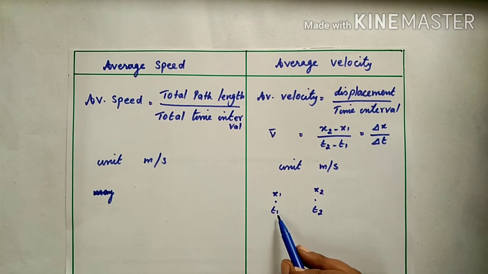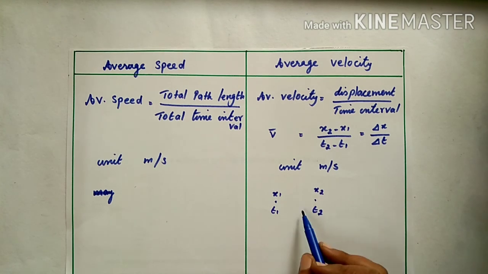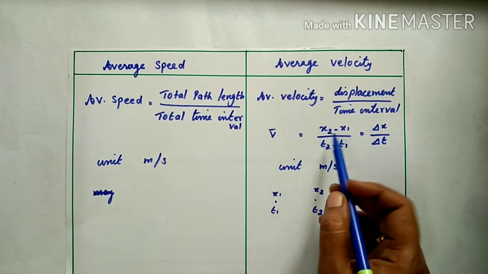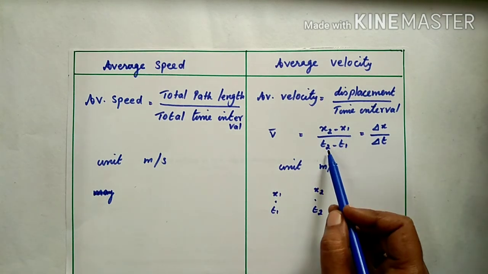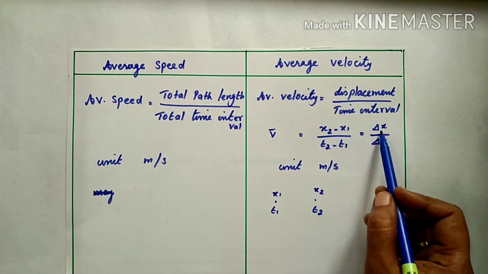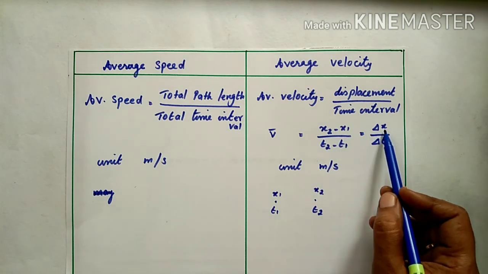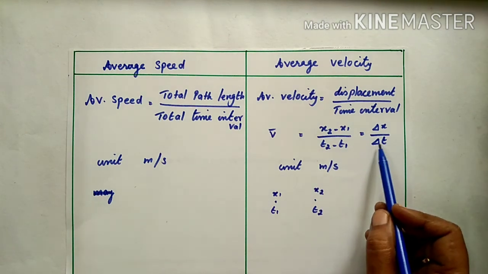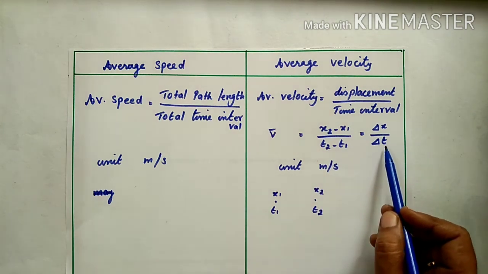That is t2 minus t1. So this ratio is known as the average velocity, that is v bar equal to x2 minus x1 divided by t2 minus t1. x2 minus x1 is noted as delta x, change in position. Similarly, t2 minus t1 is noted as delta t, that is change in time.